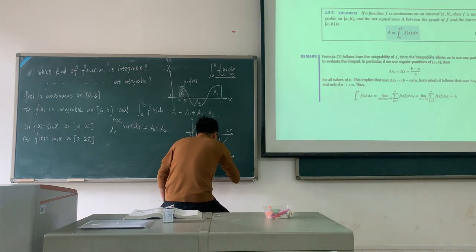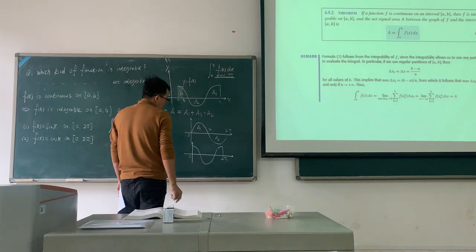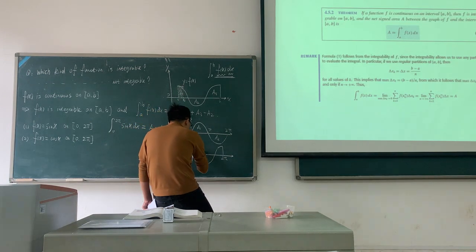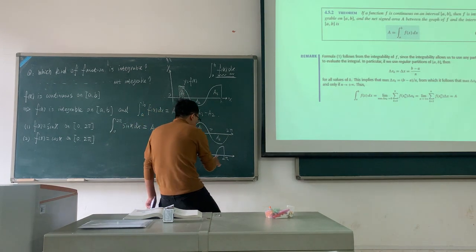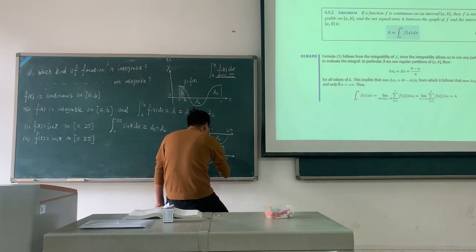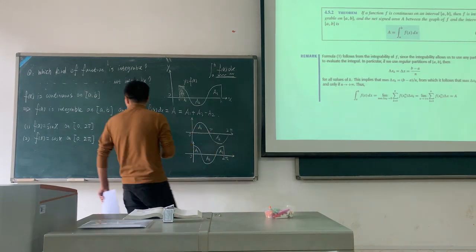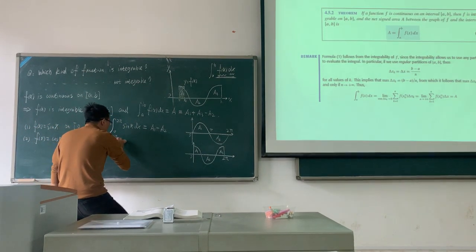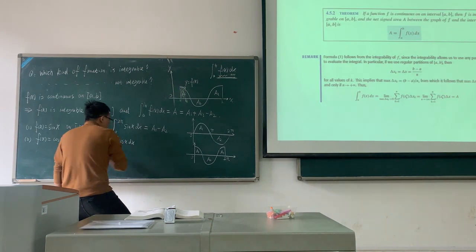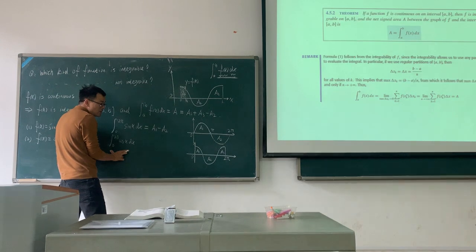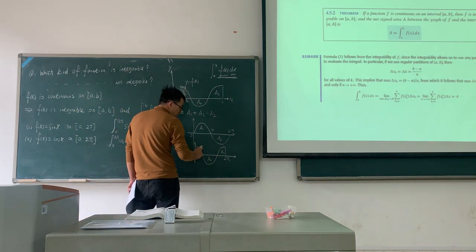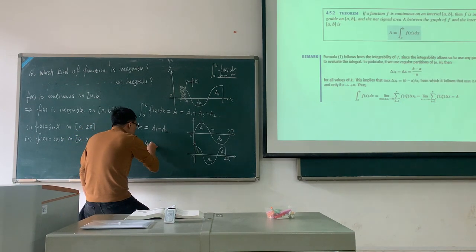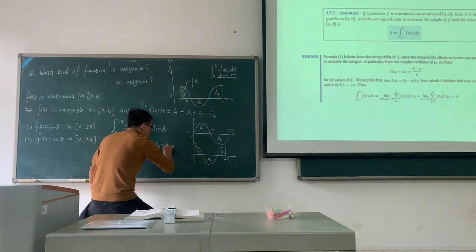Here is 0, here is 2 pi. We denote the areas of the parts by A1, A2, and A3. The definite integral from 0 to 2 pi of cosine x dx is the left side area of this function, which equals A1 plus A3 minus A2.